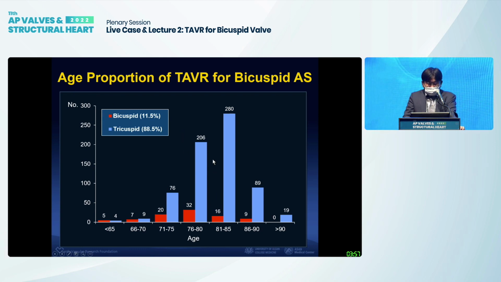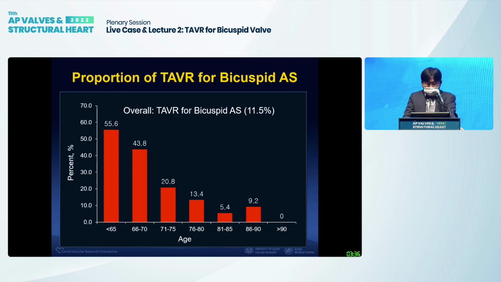As you can expect, in older age there is a low incidence of bicuspid AS, and in the younger population, a higher incidence of bicuspid aortic valve disease. Overall, in our population, 11.5% of patients treated by TAVR at our medical center have bicuspid aortic valve disease. This is the proportion of TAVR for bicuspid aortic valve disease.